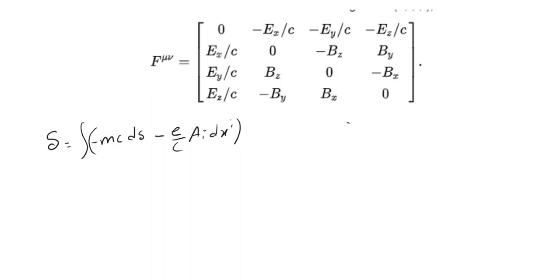To find the equation of motion, we take the variation and we set that variation to zero. For any action, we take its variation and set that variation to zero.